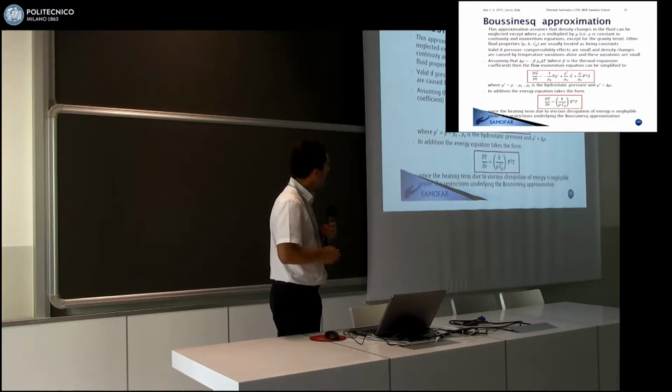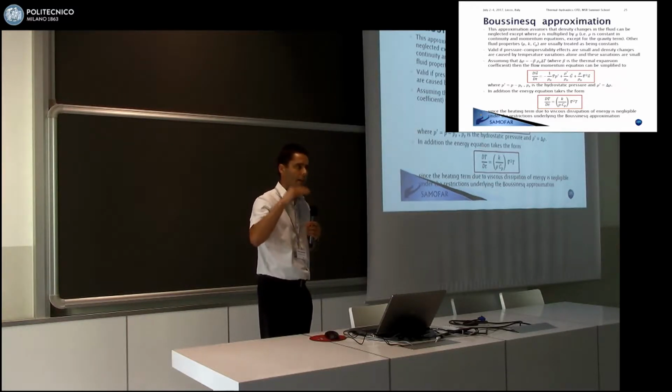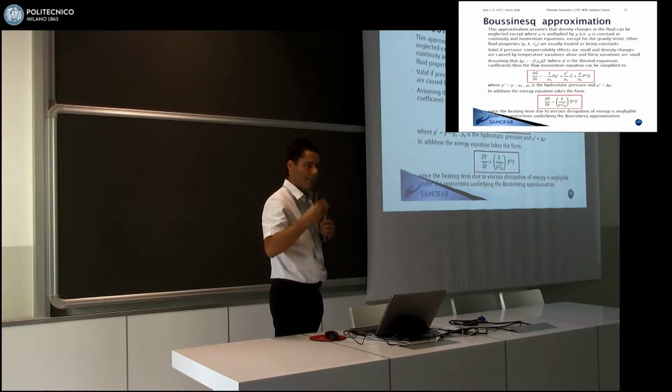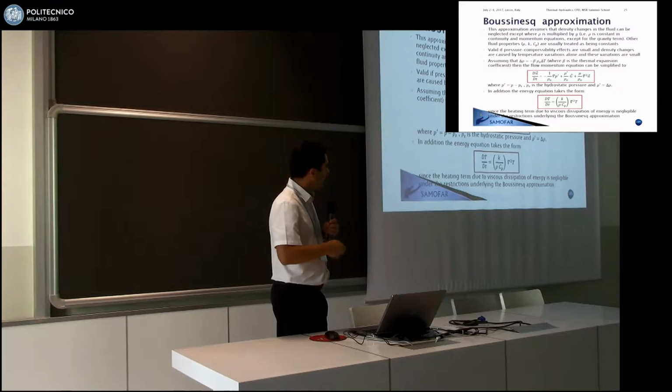And if we have temperature variations that are not so important, this is a little bit tricky because between the inlet and outlet of the reactor you may have 100 degrees of difference and the density will change, but let's say that this is okay. Then if those two conditions are met, we can consider that the variation of density will only be important in the gravitational term.